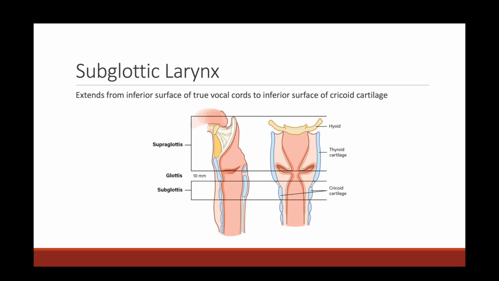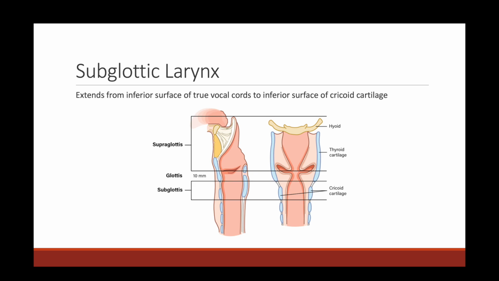The level 6 lymph nodes include anterior cervical nodes: pretracheal, paratracheal, prelaryngeal, also known as the Delphian nodes, and the perithyroid nodes. So these are the nodes sitting anteriorly to the larynx. Not a lot of tumors drain there, but if it's involving the subglottic larynx, then we do need to think about level 6 lymph node coverage.